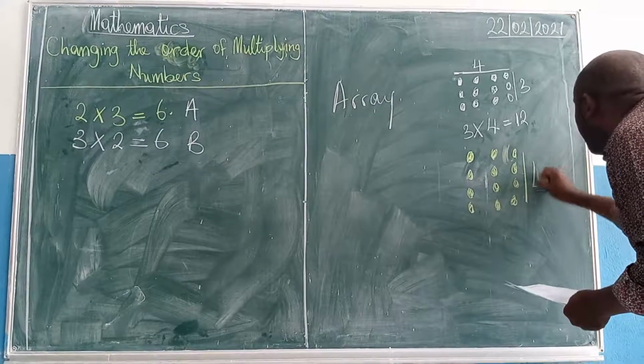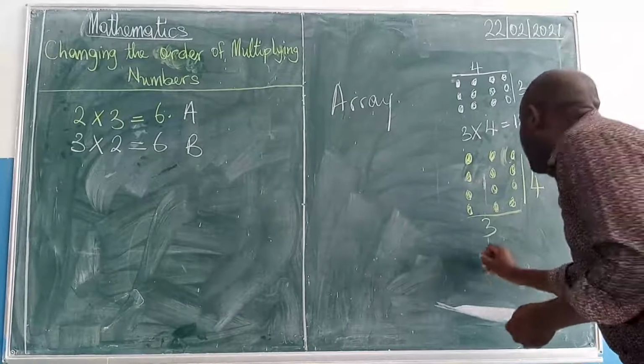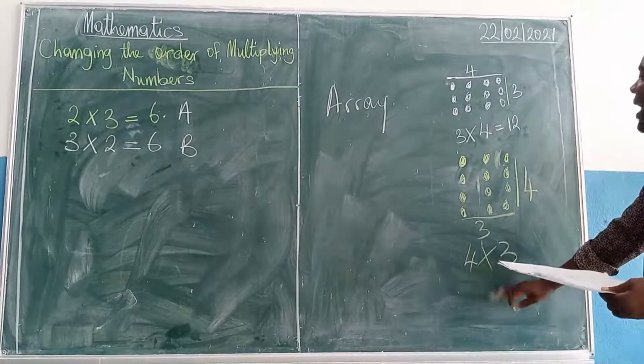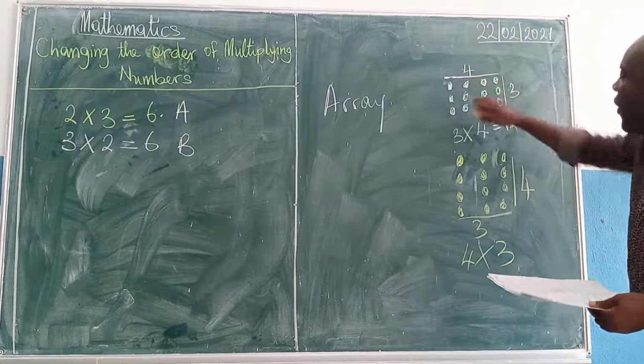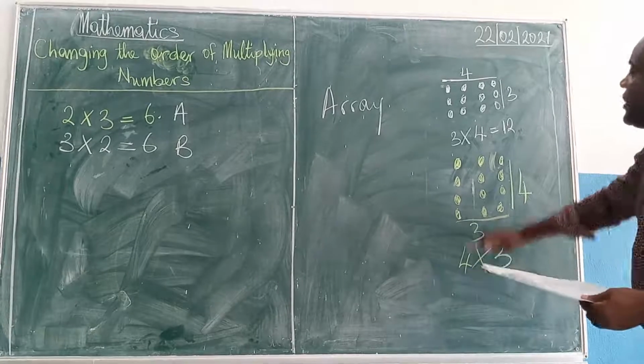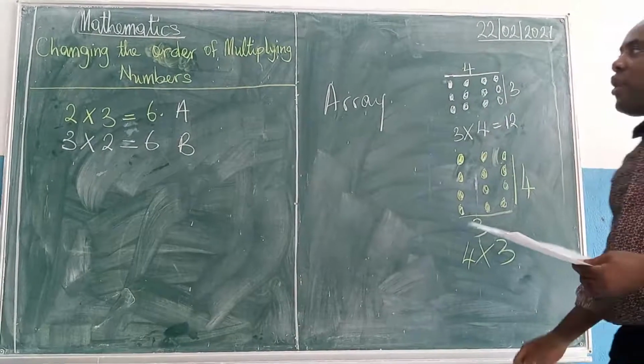So this will be 4 and this will be 3. This gives us 4 times 3. We have changed the array. Instead of 3 by 4, it's now 4 by 3. So this is what we call the array method of multiplying numbers.